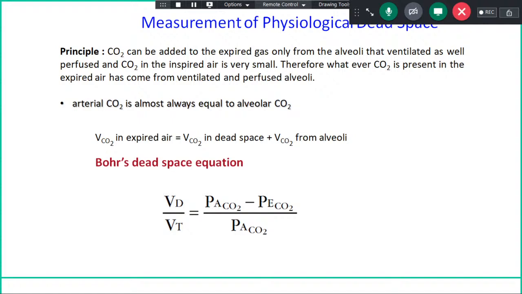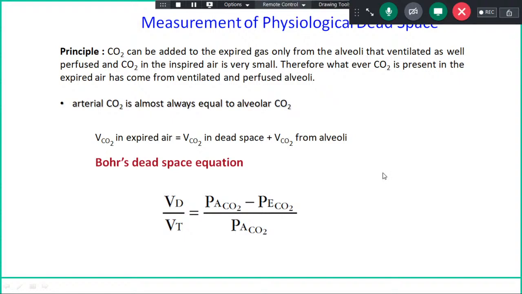But if there are certain alveoli which are ventilated and not perfused, they will lead to alveolar dead space. So how do we measure it? We can measure it using the principle that whatever carbon dioxide is coming out in the expired air is coming only from alveoli, from our body metabolism.